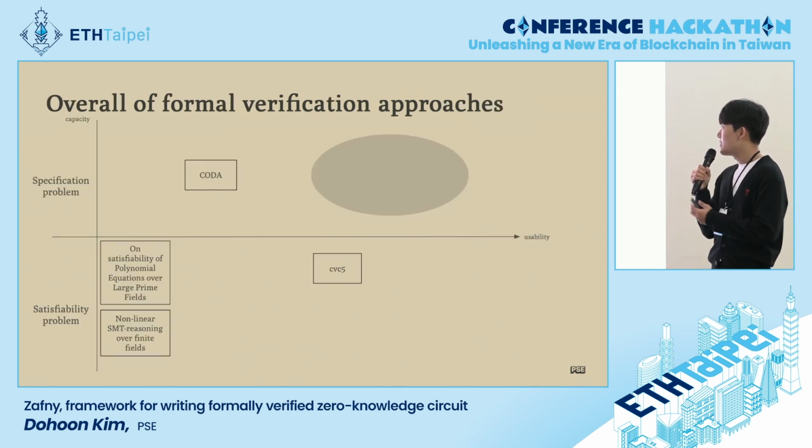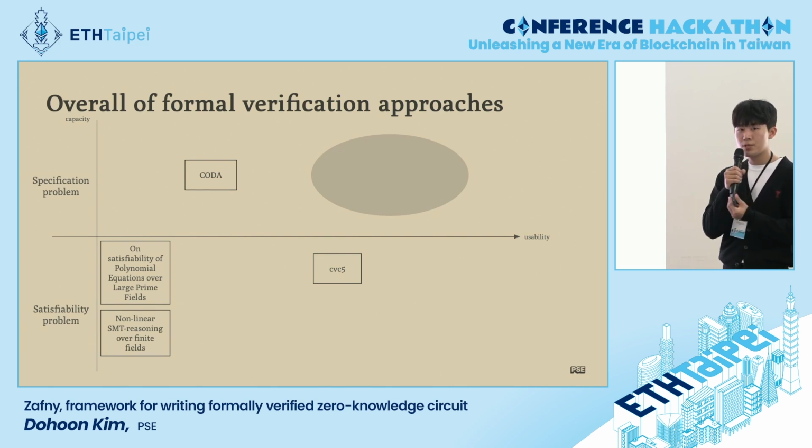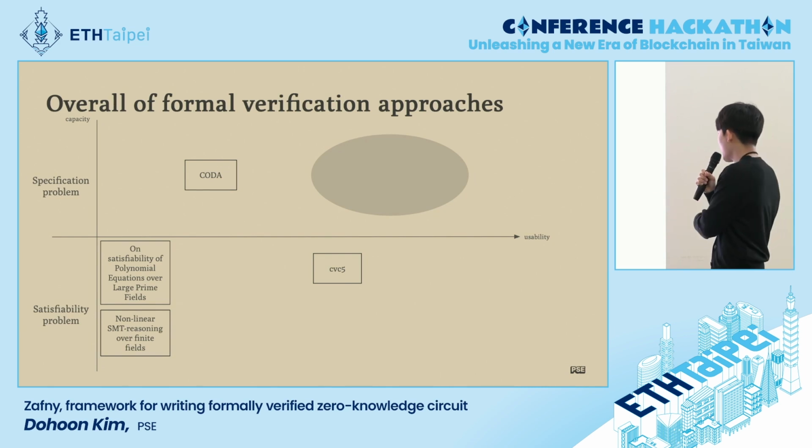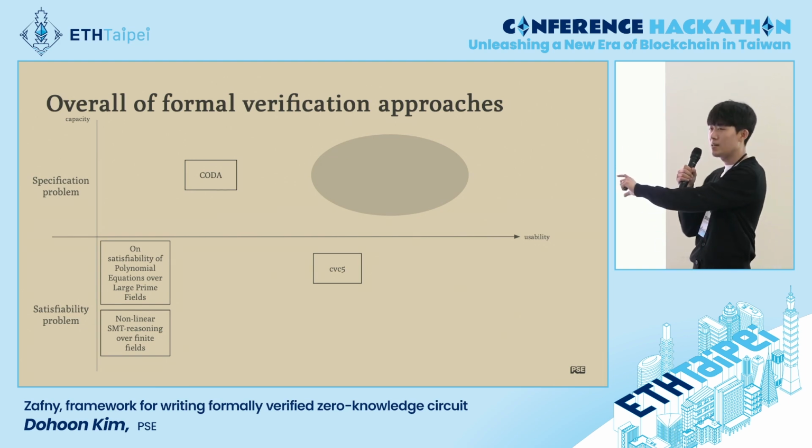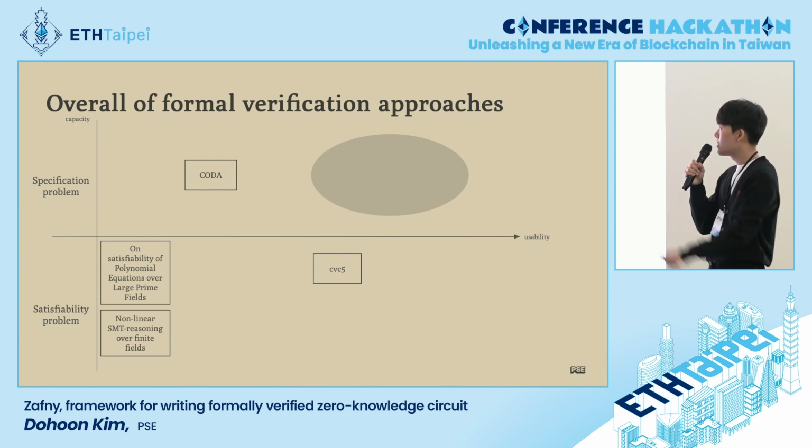This diagram shows the overall formal verification approaches. The x-axis is for the usability and the performance of the research, and the vertical axis indicates the capacity, meaning what problem they are trying to solve.